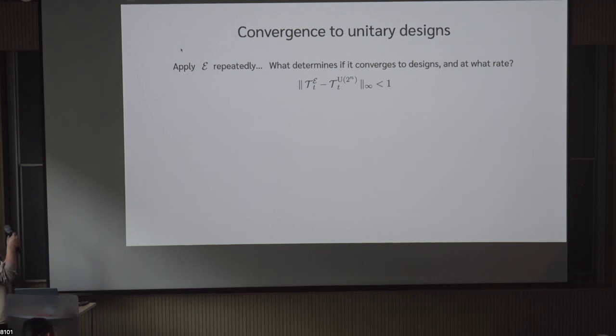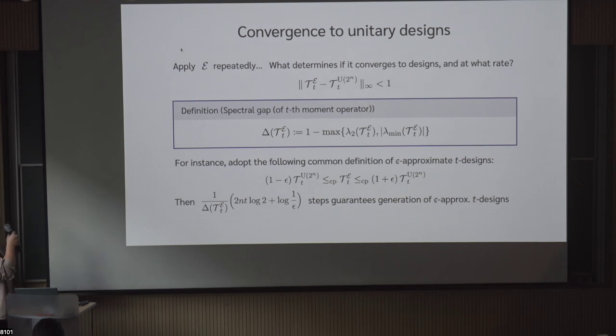It is very easy to see that as long as the operator norm of the difference of the moment superoperators is smaller than 1, then by repeatedly acting with the ensemble, this difference will get smaller and smaller, and the ensemble will converge.